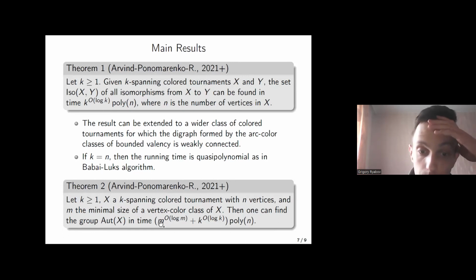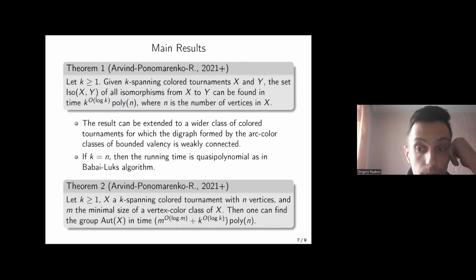Here we have the sum of M to the power O(log M), where M is the minimal size of a vertex color class, plus k to the power O(log k), where k is the parameter of spanning, multiplied by a polynomial of n, where n is the number of vertices.